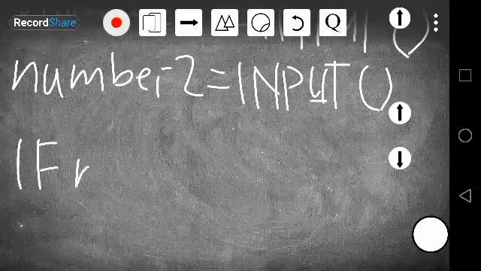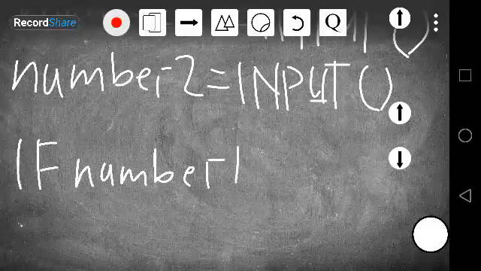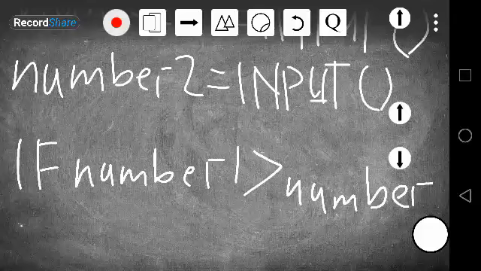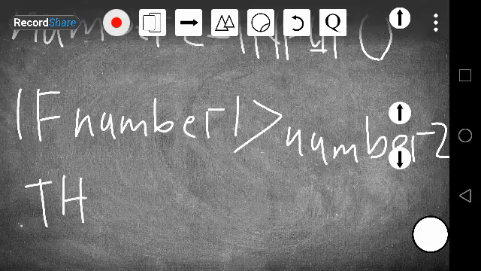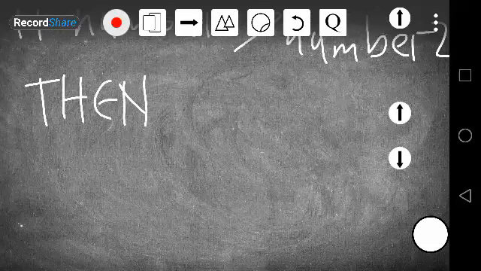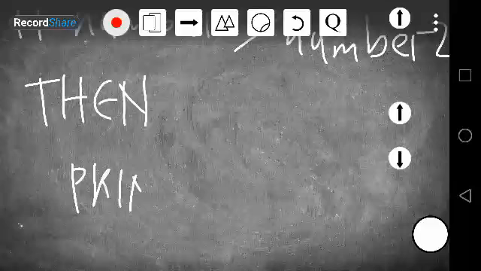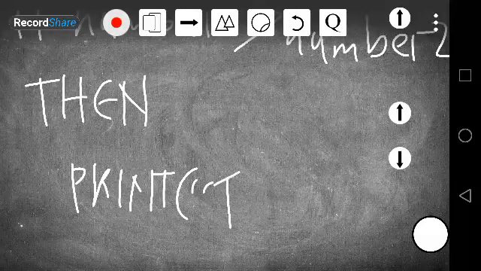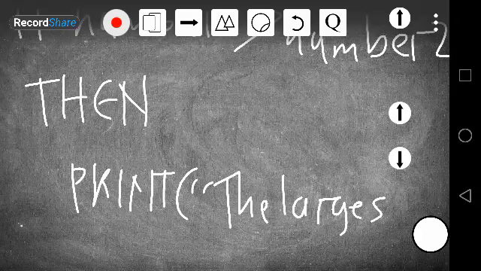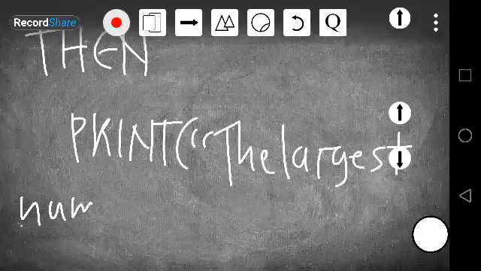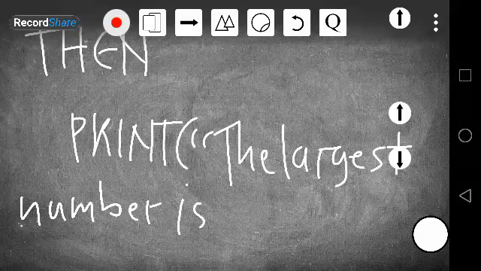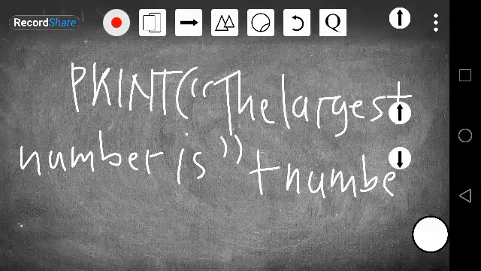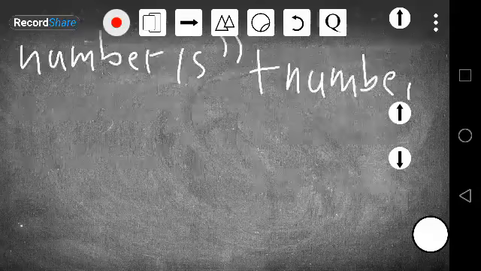If number 1 is greater than number 2, then print ("the largest number is" plus number 1).